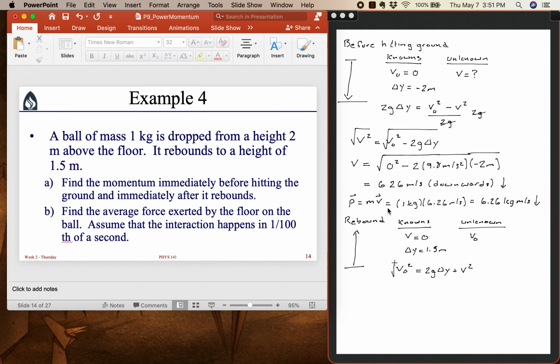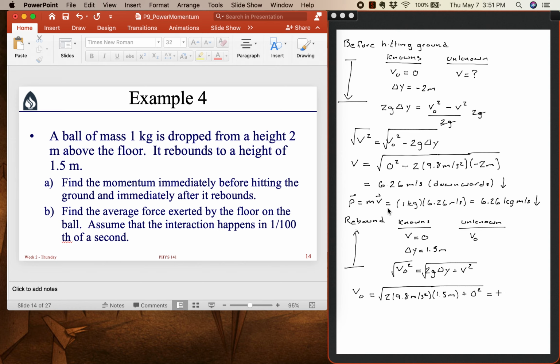Once again I take the square root of both sides, and my initial velocity is going to be equal to the square root of 2 times 9.8 meters per second squared times my new delta y, which is 1.5 meters, plus the final velocity, which is 0, squared.